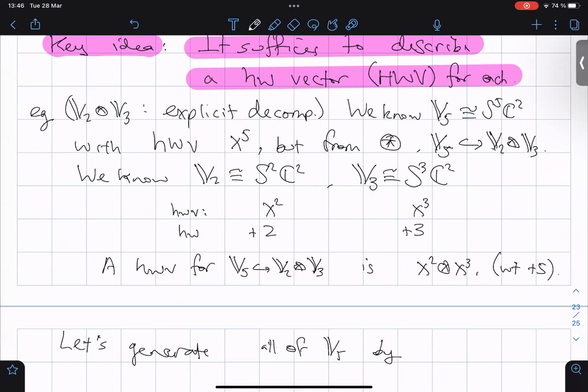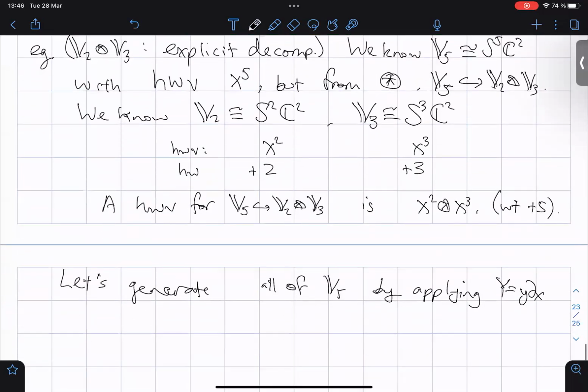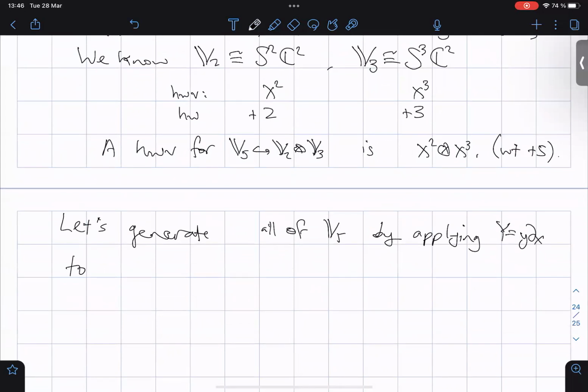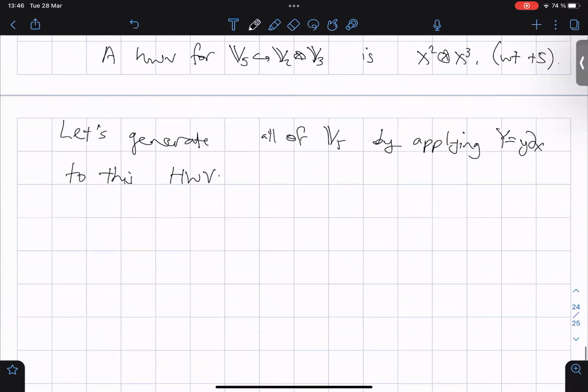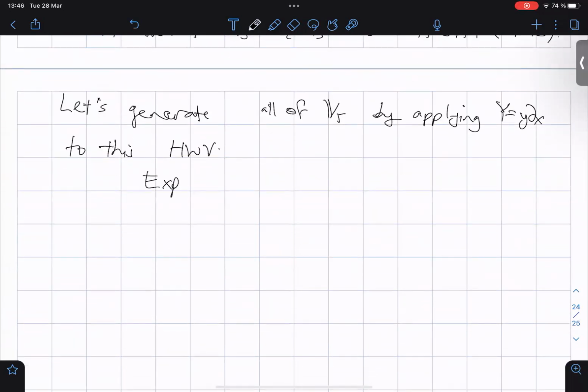Well, you're on the top. Let's apply the lowering operator. What is the lowering operator? It's this one, applied to this highest weight vector. Let's make this really explicit so you get a feel for this. We have this explicit picture, and then we have the abstract picture.